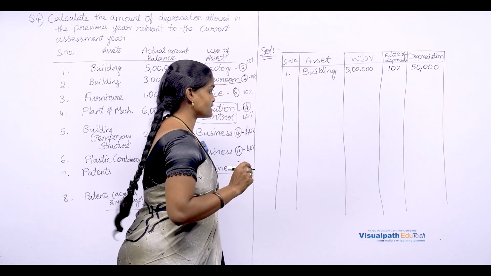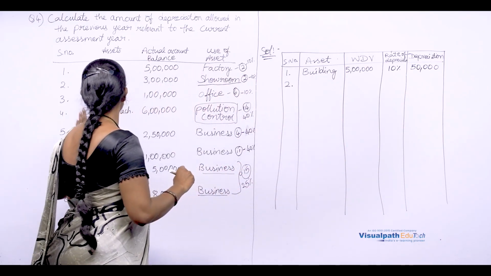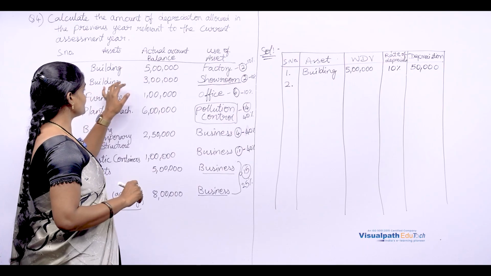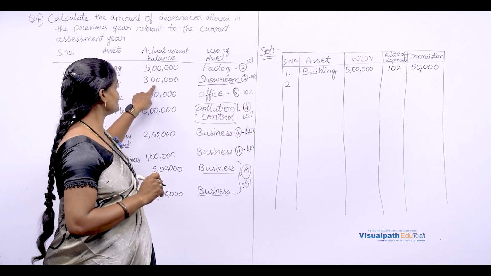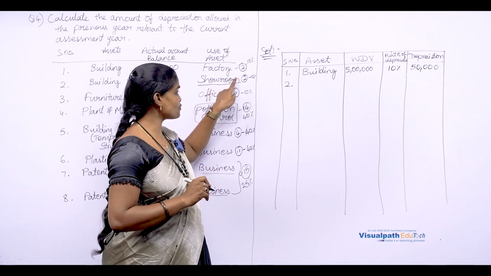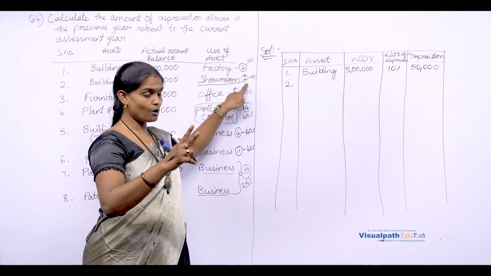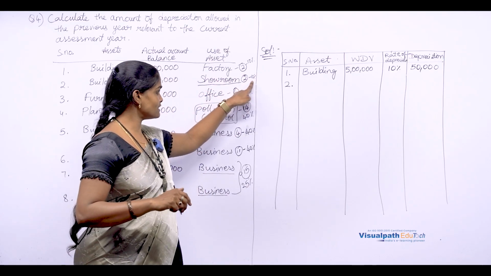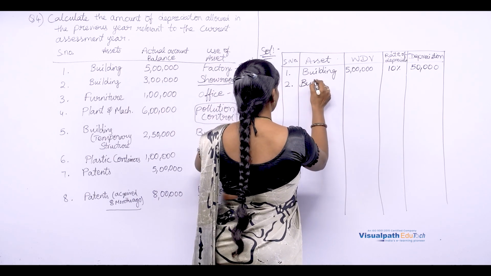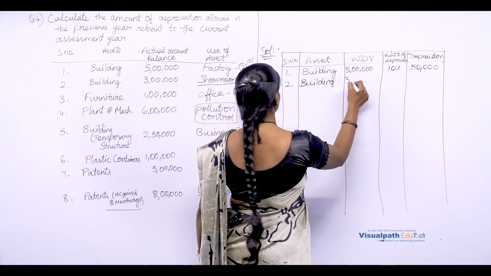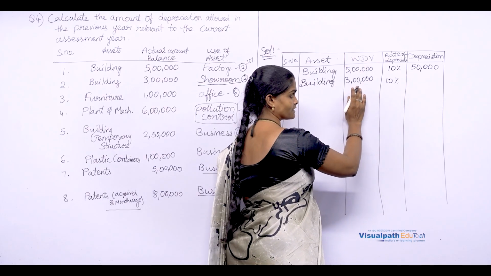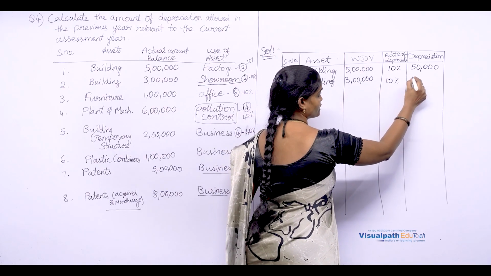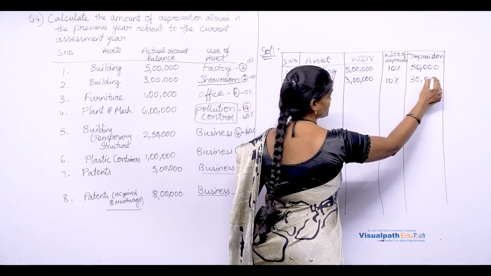Clear? Next, second. Second, you have a building whose written down value is 3 lakhs and used for showroom. This comes under block 2. 10% is the depreciation. 3 lakhs into 10% will give you 30,000.